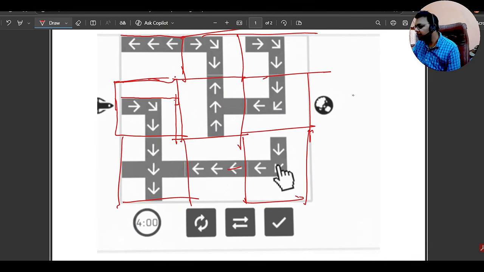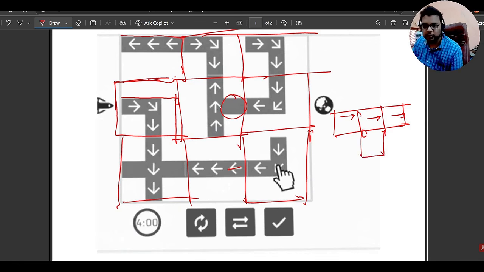So these three arrows are going up. It can go like this, this, and this, and this one, which is the empty cell, will come here in the middle, if you use the rotation. So this will look like this.